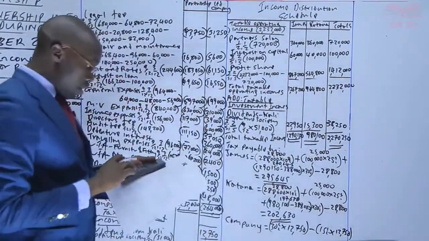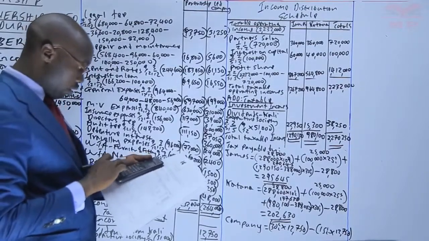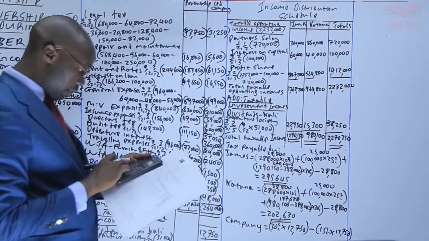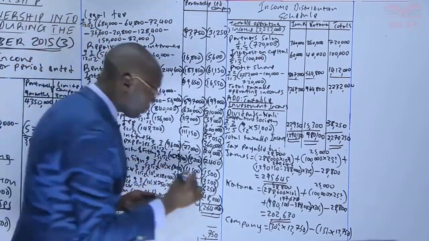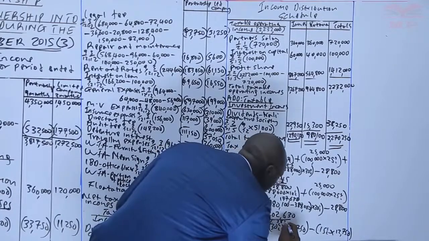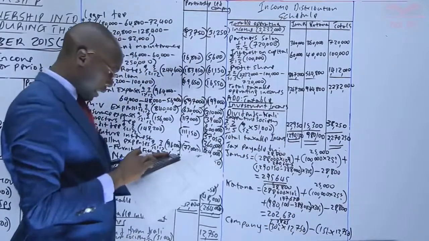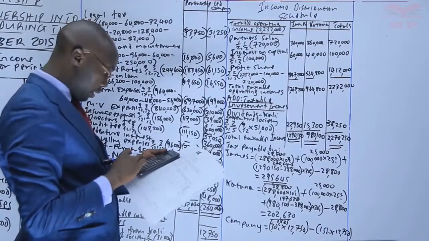So we take 30% times 12,750. That is 3,825. And then 15% of 12,750.